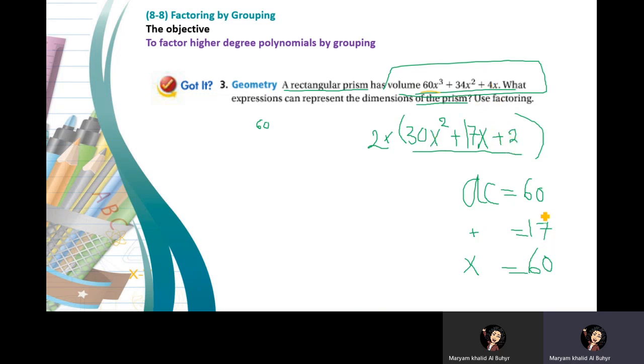So 30 times 2, it is 60. I'm going to think about a number when I multiply it, so we can say, we cannot say 30 times 2.